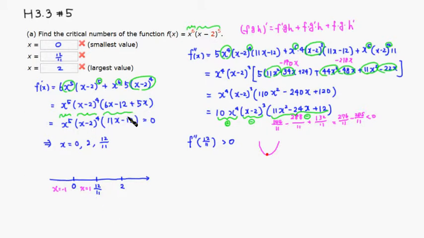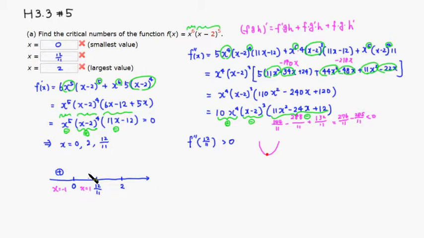If you plug in a negative number, negative to the 5th is negative, right? This factor is always positive because it's got the 4th power. And if you put -1 here, negative 11 minus 12 is negative, right? Negative times positive is positive. So you have a positive sign here.